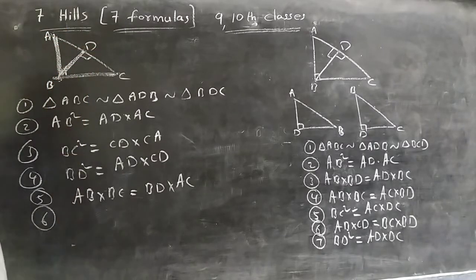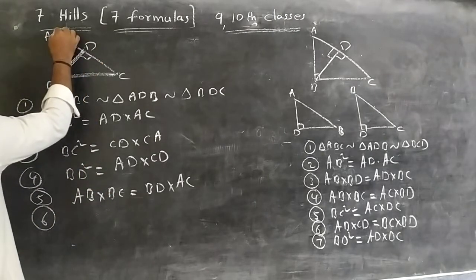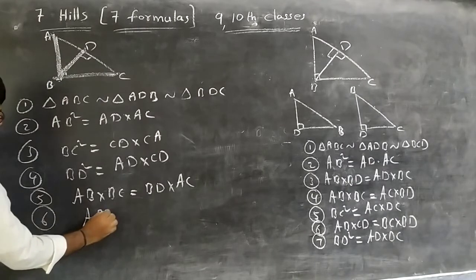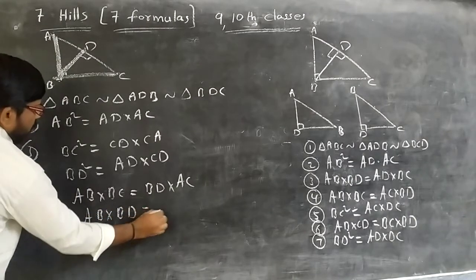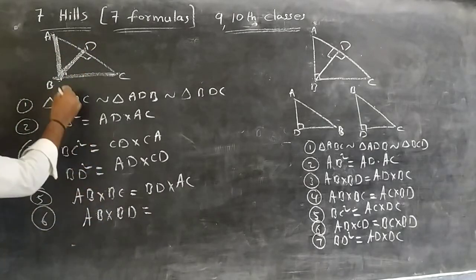The sixth one, AB into BD is equal to AD into BC.